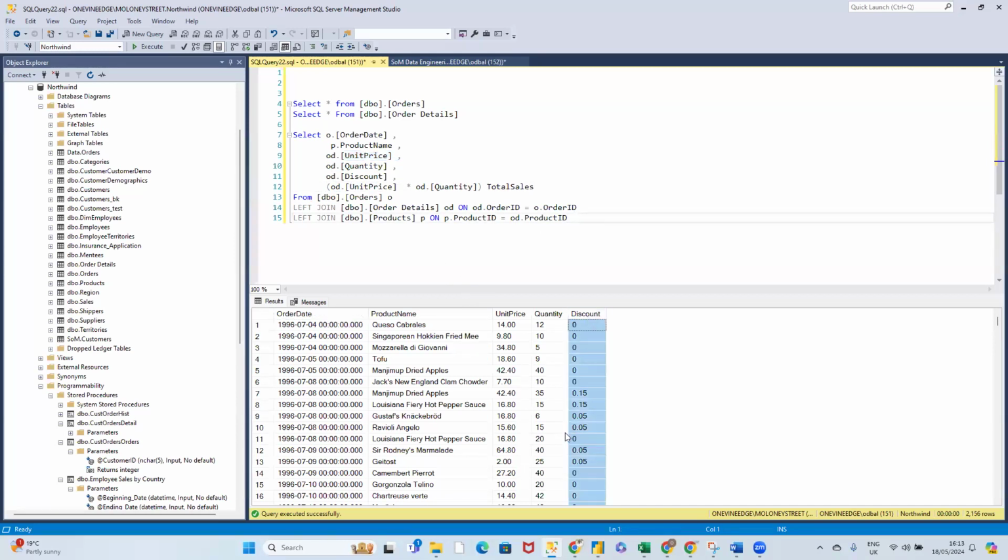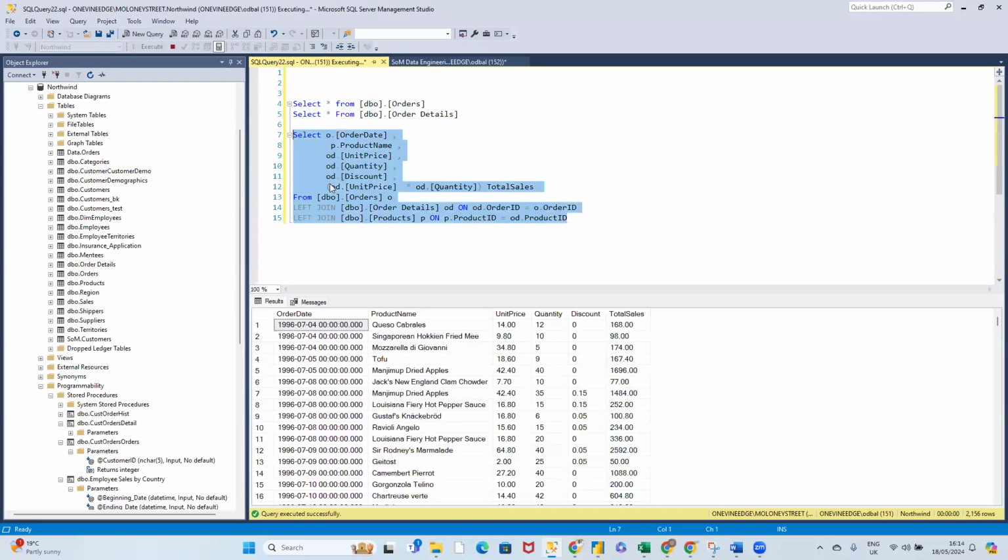But one thing is clear here. I have a discount. So if I do this multiplied by this, it will not give me the true actual price, because some do have a discount. The ones that have a discount, this will be wrong because they have gotten that discount, so that will not be the true reflection.